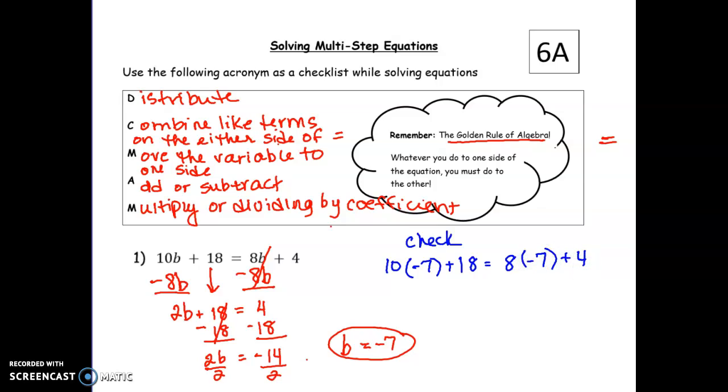By doing the check step, following order of operations, we end up with negative 70 plus 18 is equal to negative 56 plus 4. When we do it, we get negative 52, and that's also equal to negative 52. Does that work? Yes, it does. So the check step is great for checking your answer. But your answer is actually b is equal to negative 7. Don't make a mistake and think that it's equal to negative 52. That's just used to help you in the process.